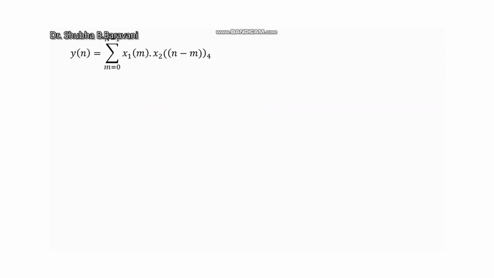Taking this same formula, this is the main formula of circular convolution. So our first step is to just insert the value of N in the above equation.